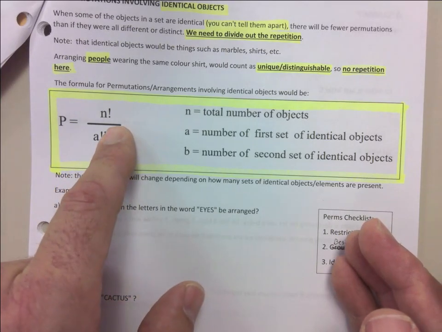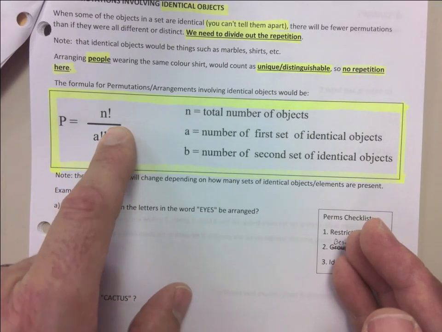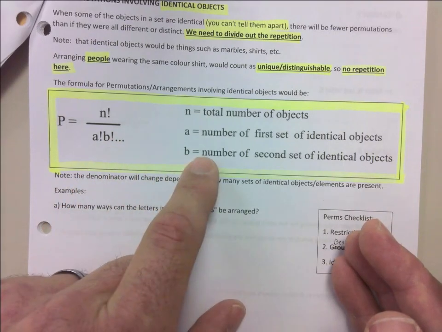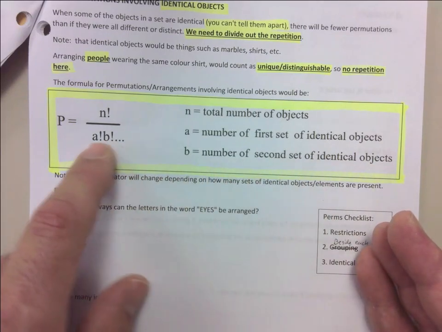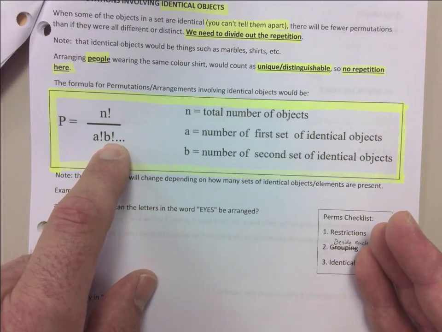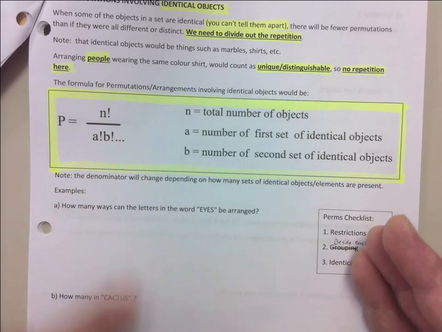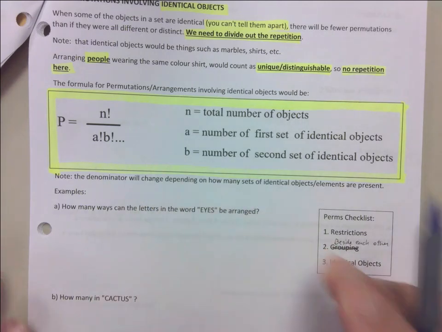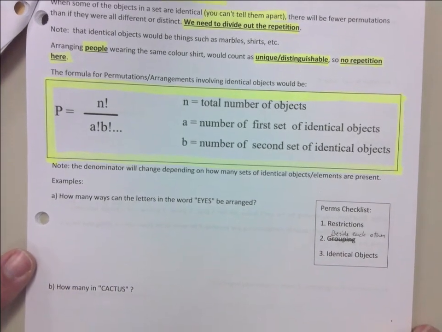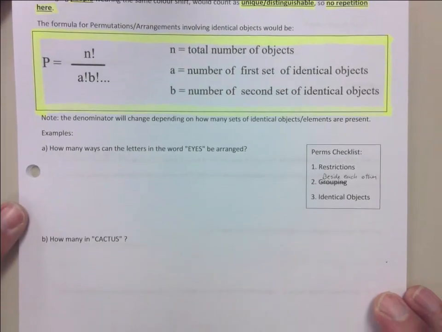Sometimes all you need is 1 factorial there and that's it. But if there's another group of identical objects, you would take that number and put a factorial to it, and you would do that for as many instances as you encounter.